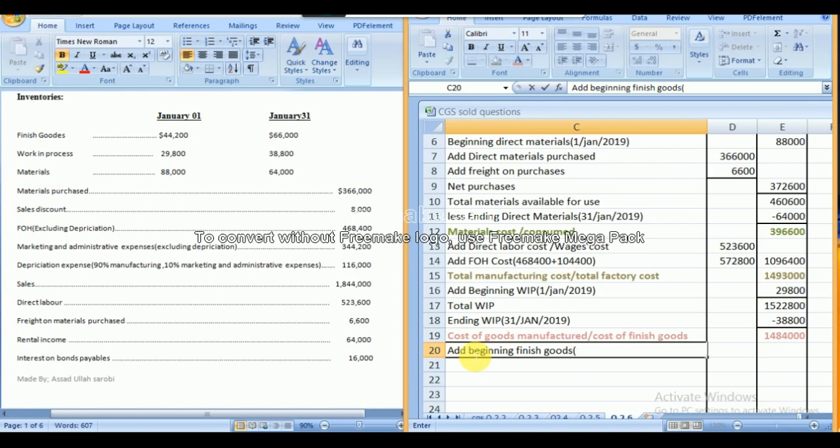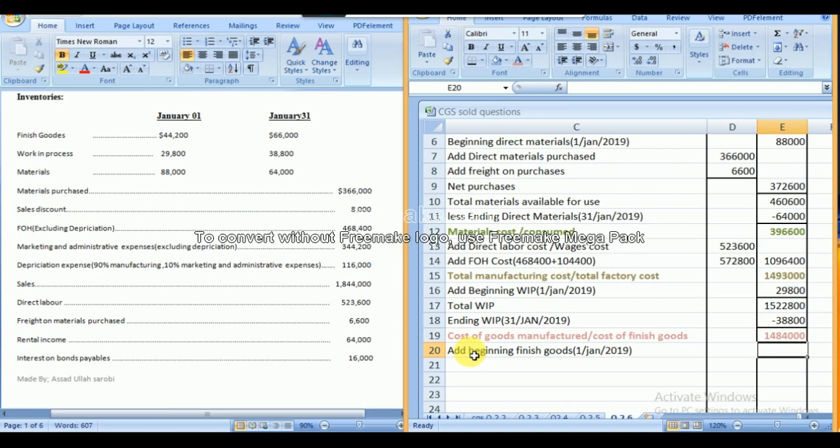These finished goods remain from the previous month, so that will be recorded on January 1st. How much? 44,200. Look at this, 14,84,000 is the current month's finished goods we produced.